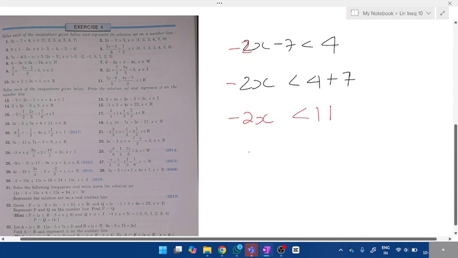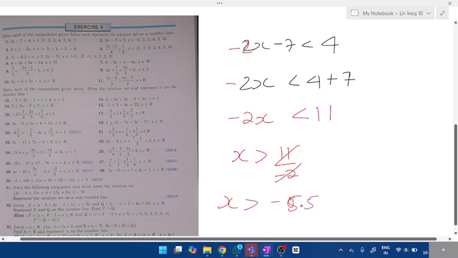Now x is greater than 11 divided by -2. What's the final answer? X is greater than -5.5.